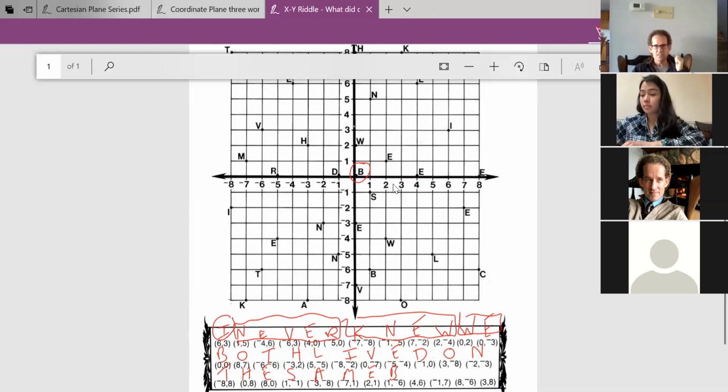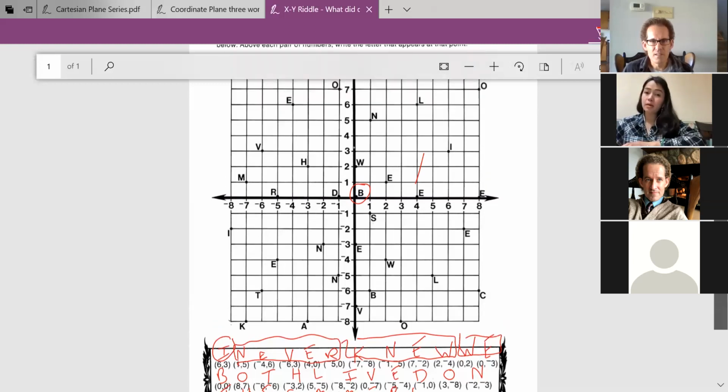4 and 6. I go over 4, and I go up 6. What is that up there? Is that an L? I think that's an L. Negative 1 and 7. I go over 1, up 7. I can't tell what that is. I'm going to scroll up a little bit.